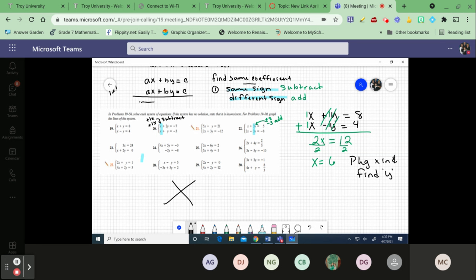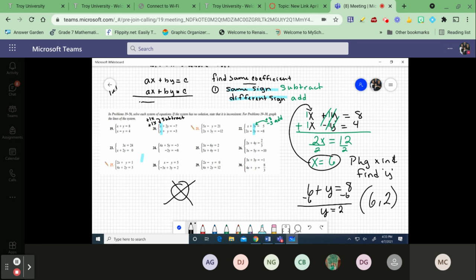So I have 6 plus y equals 8. All I did was take my 6 and plug it in for that x, right? So 6 plus y equals 8, and I'm going to subtract that 6 from both sides, and that gives me y is equal to 2. So what is my answer? x is 6, and y is 2.